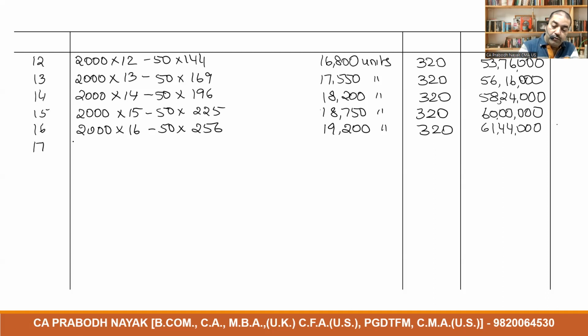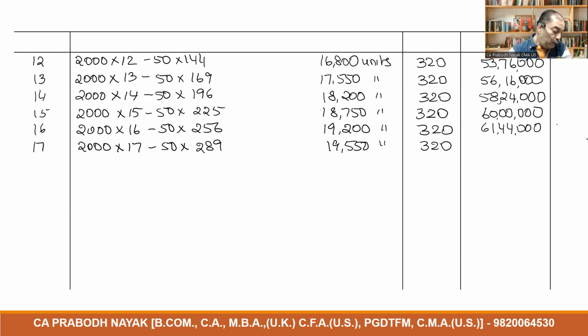Month number 17. 19,550 into 320. 62 lakh 56,000.